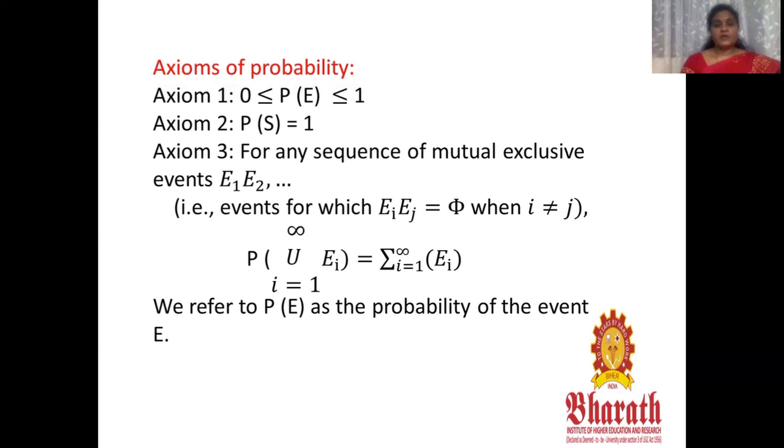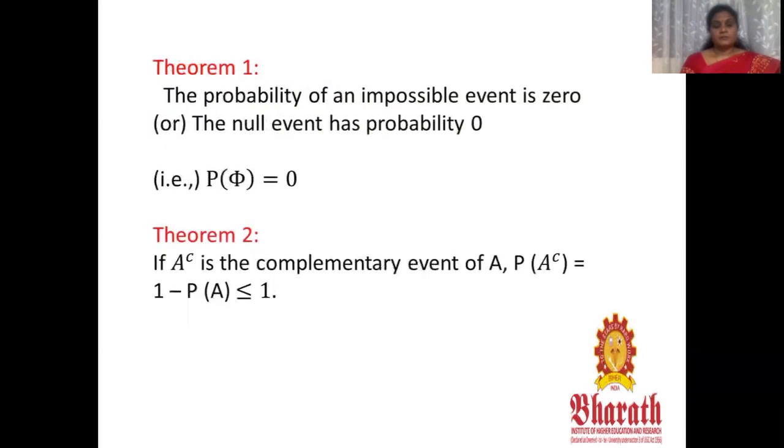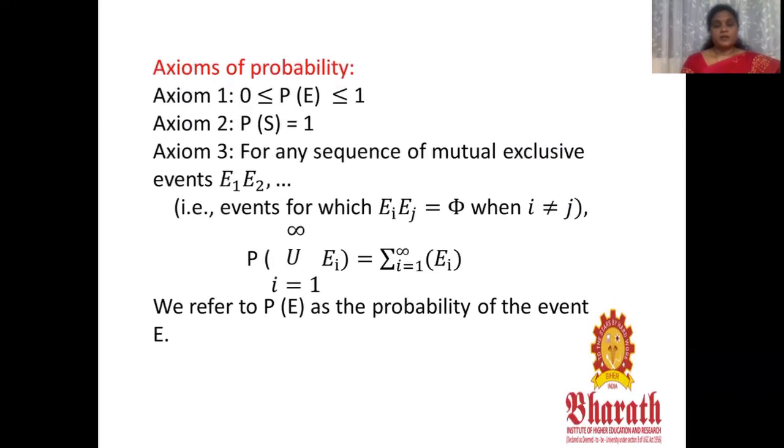Axiom 3: for any sequence of mutually exclusive events E1, E2, that is, events for which Ei intersection Ej is equal to a null set when i is not equal to j, the probability of the union for i equal to 1 to infinity of Ei is equal to the summation for i equal to 1 to infinity of P(Ei).